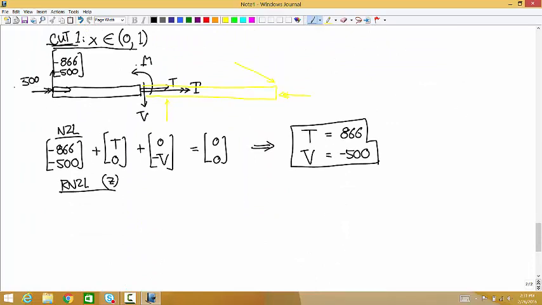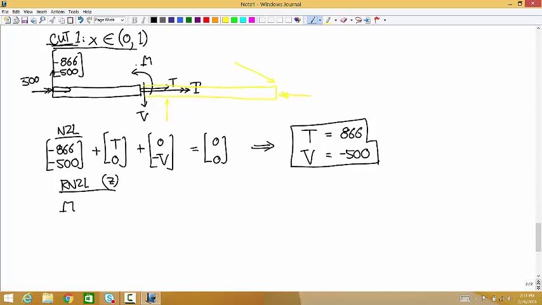Okay, so does this 500 Newton meter couple produce a moment about the z-axis? Nope. What about this force? No, because it's acting at the about point. The internal bending moment, M, does.